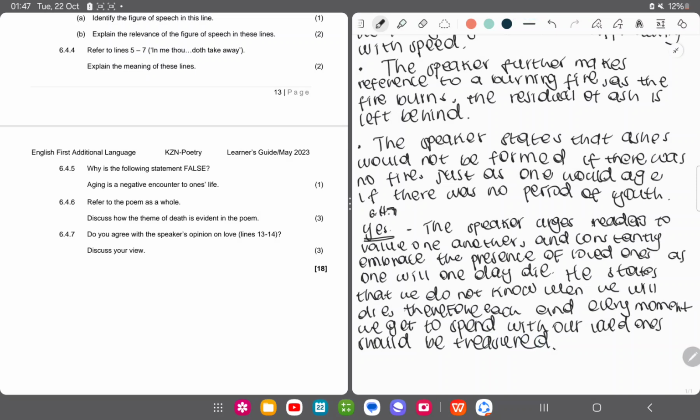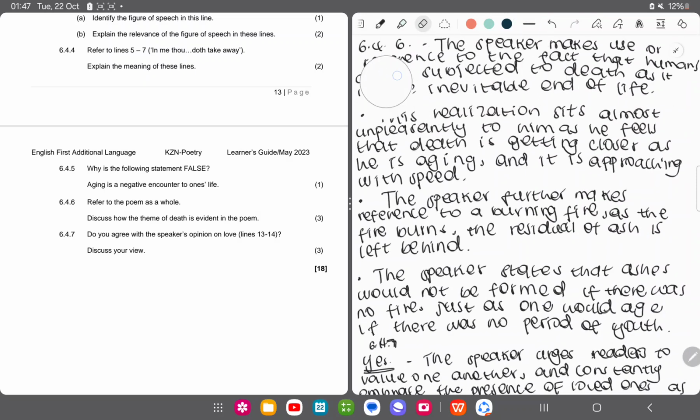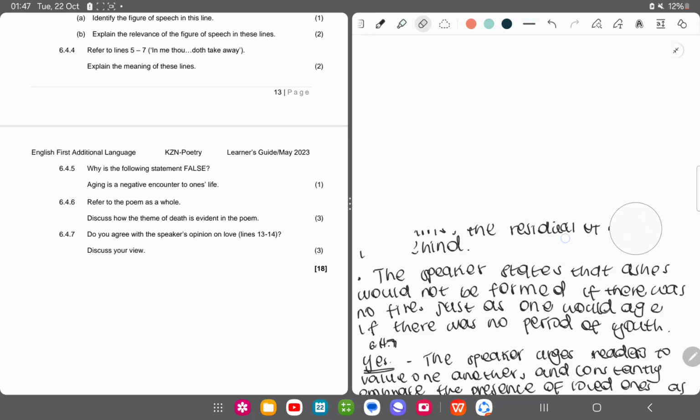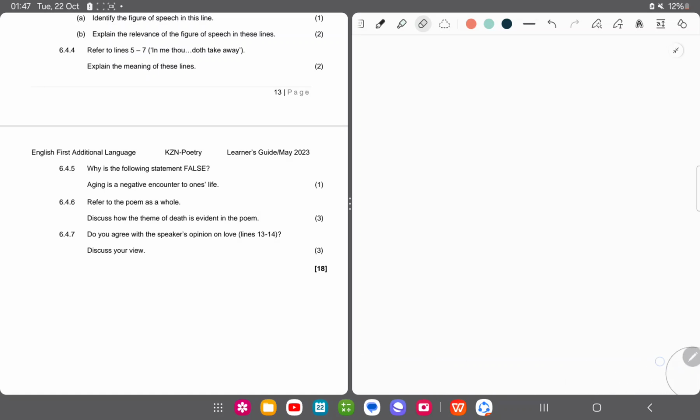Right. So let us now state the point that disagrees with the speaker on the opinion of love. Right. So let us complete. This is 6.4.7, and let's say no. Right. So let's say the speaker has lived a long life.